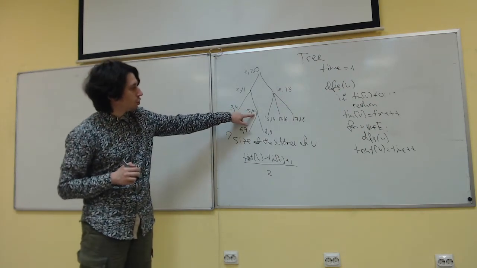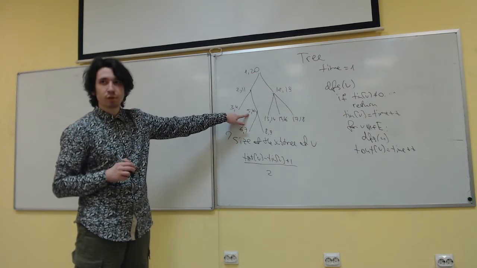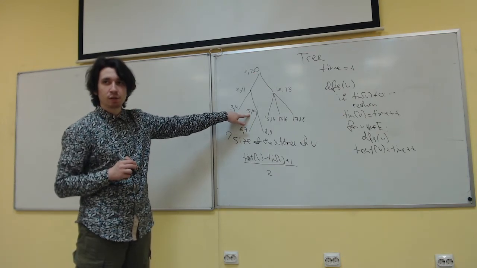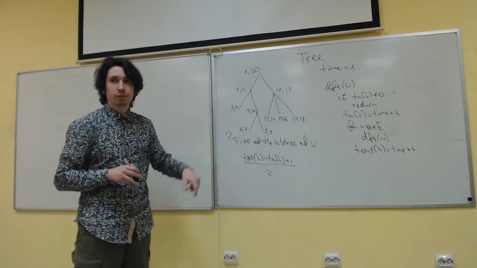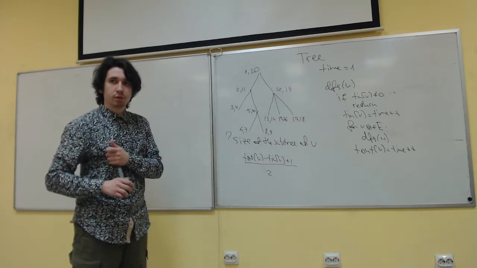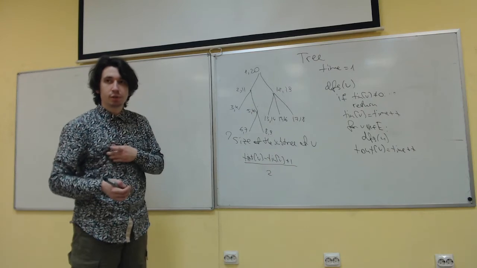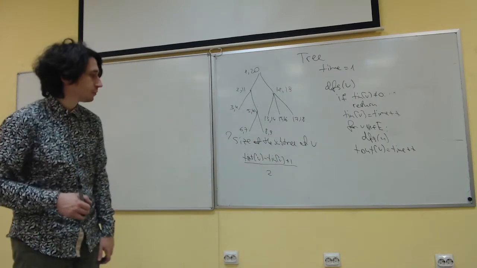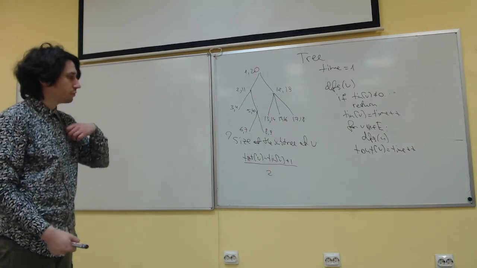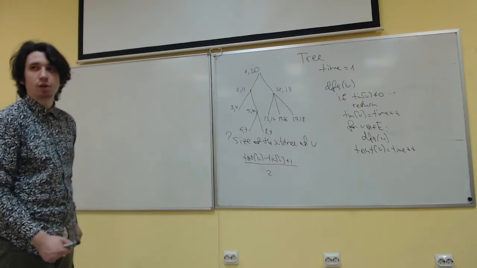So you can check here. 10 minus 5 is 5, plus 1 divided by 2 is 3. So 1, 2, and 3. Of course, this is the subtree. The subtree is a kind of connected graph. Yeah, so right now we understand how to check for the size.